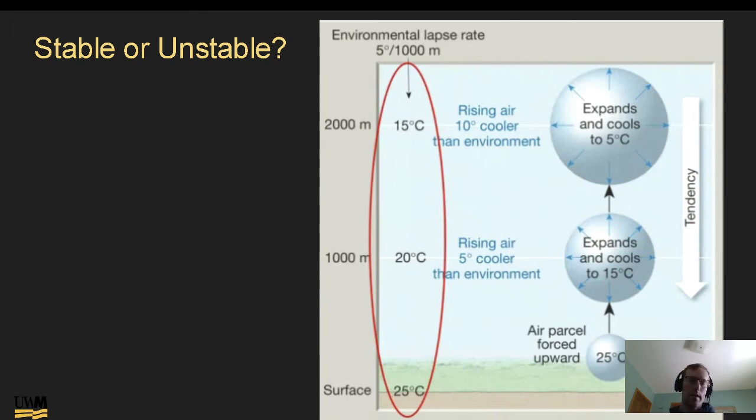So let's look at this example. Can we call these conditions stable or unstable? Just take a minute and look at the parcel temperature and the environmental temperature and predict whether this is stable or unstable.